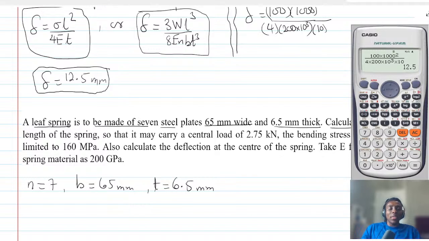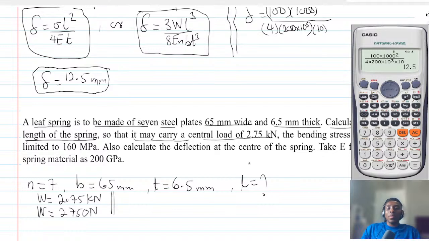So calculate the length of the spring, so L, so that it may carry a central load of 2.75 kilonewtons, so W is 2,750 newtons.